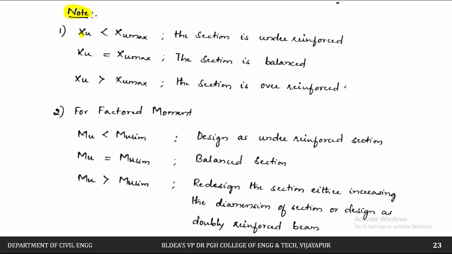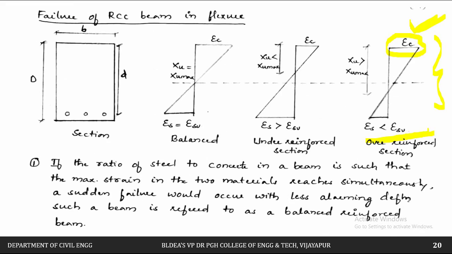What we can summarize, if you see the formula, is that XU, the depth of the neutral axis, if it is less than XU max, we can see here now. This is nothing but XU and XU max. If the depth of the neutral axis is less than XU max, so XU max is here and our depth of the neutral axis is here.